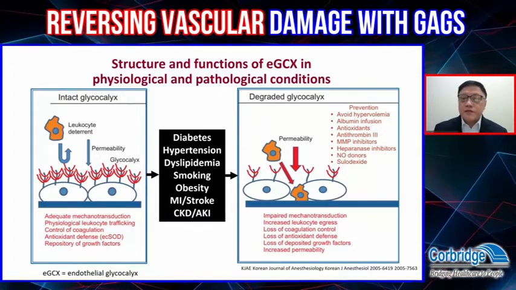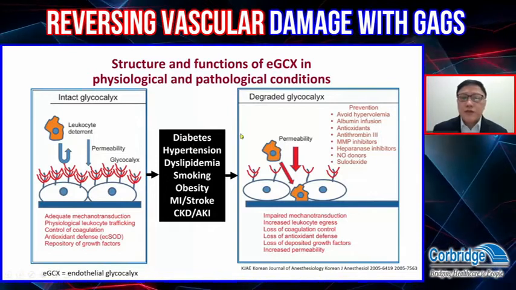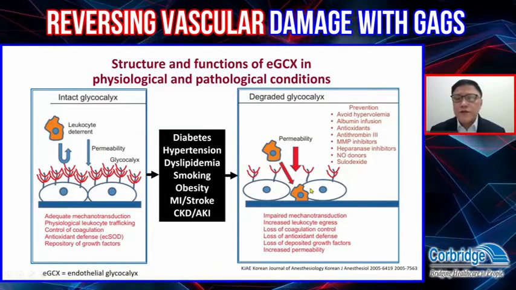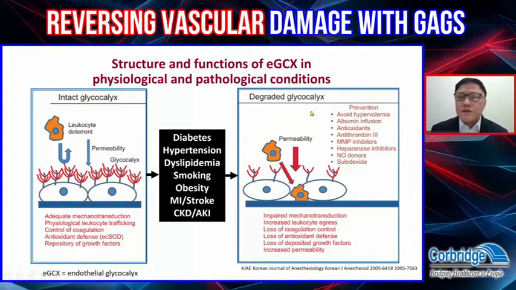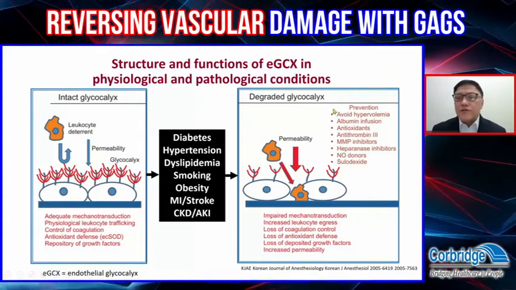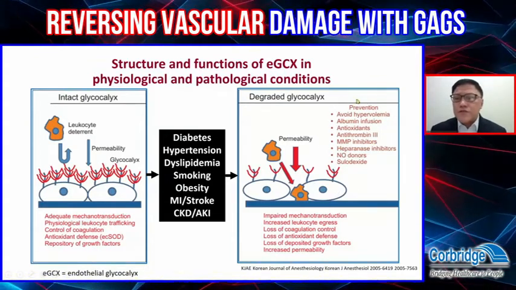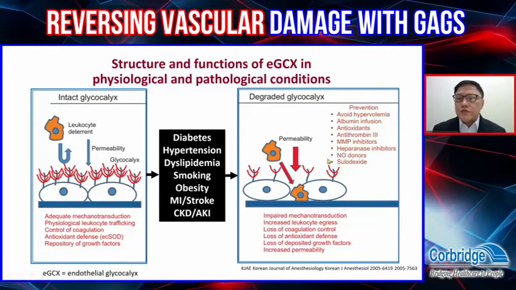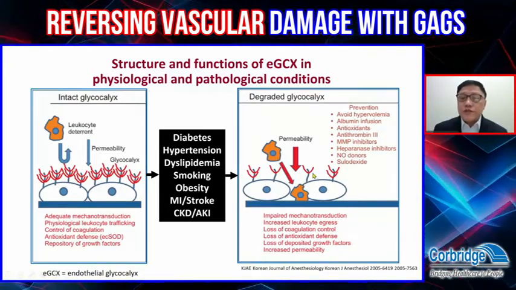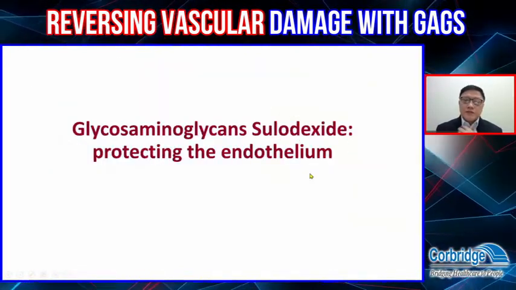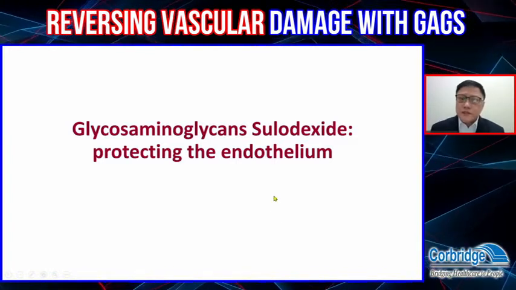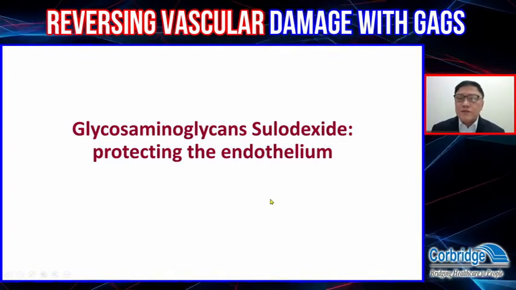So these are all of the conditions that may cause a degradation of the glycocalyx. And so far, there is only one enzyme that can degrade the glycocalyx that we know of. But these are all of the certain interventions that we can do to protect the endothelium or reverse the glycocalyx damage. Now, the next that I'm going to discuss is the glycosaminoglycan sulodexide.